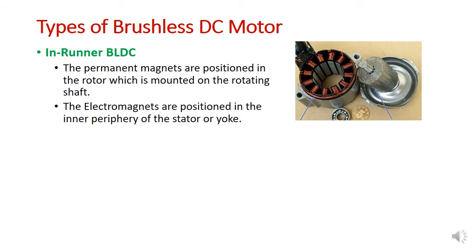So the rotor is connected to the shaft. The rotor continuously rotates and the stator is permanently fixed to the body of the machine. So this is called the in-runner brushless DC.